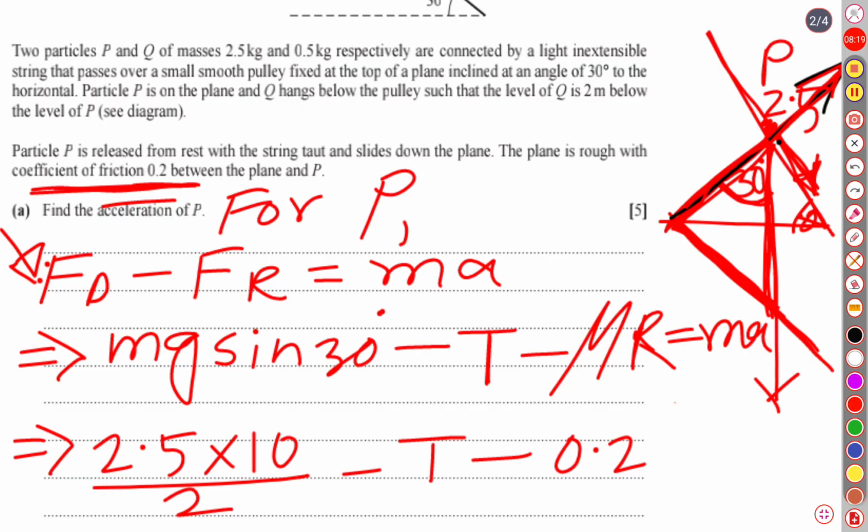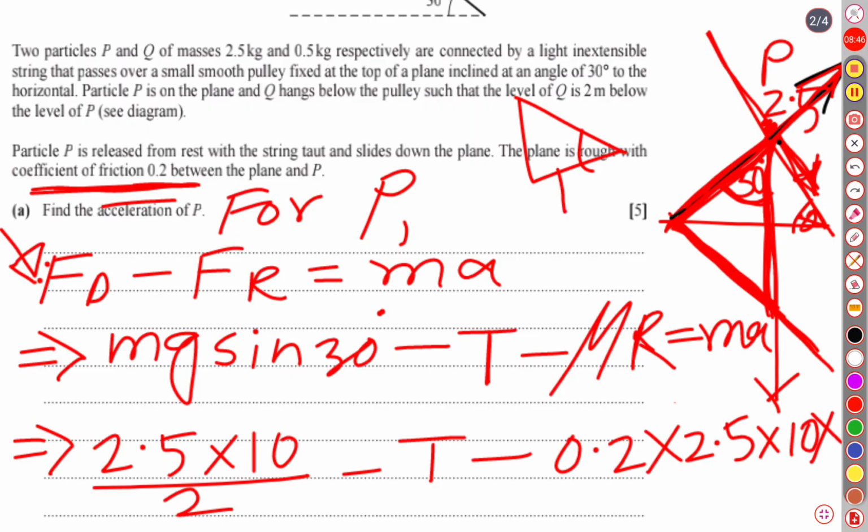So we are going to multiply by, due to this weight we can resolve this vertically. It is going to be mg. M is 2.5, g is 10, and for the vertical force, look at the angle here.